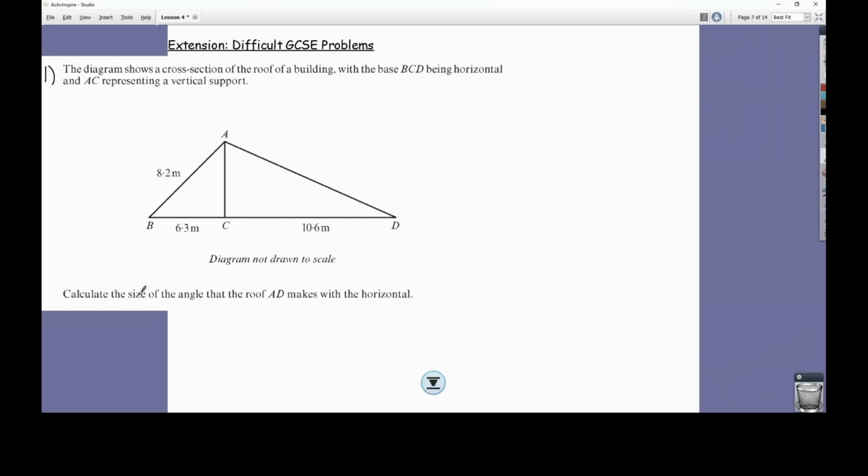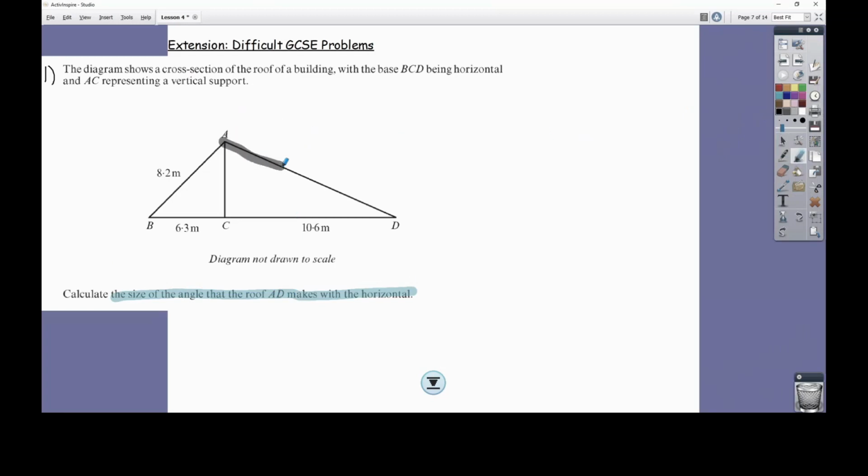So we want to work out the size of the angle. So let me highlight this. We want to work out the size of the angle that the roof AD makes with the horizontal. So the roof AD is, let me highlight that again, if I may. That's not a particularly great color to use, actually.